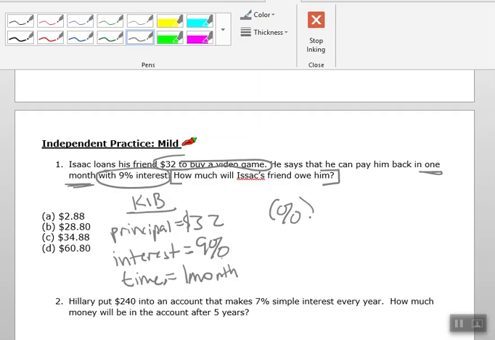All right. So over here, I'm going to do my percent times my principal equal to my interest. You know what? I'm going to do equal to my total because that's what the question is asking me. How much will the friend owe him?